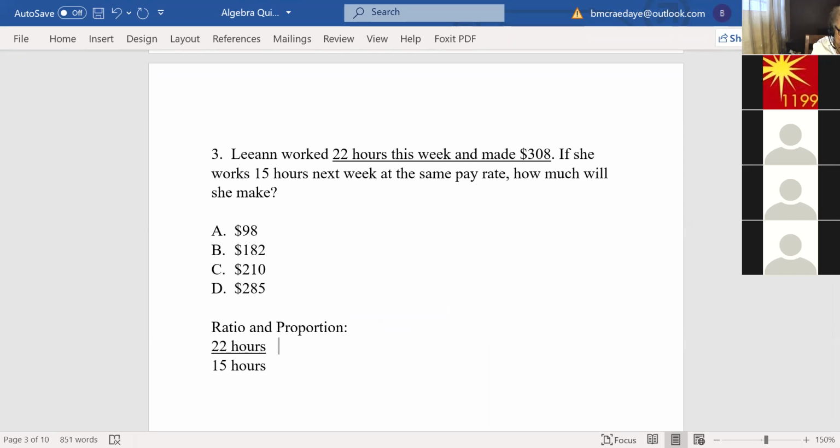So that's equal to 308. And that's over what? Over our unknown, right? Yeah, we'll call it N. Now we don't need an underline in the middle.